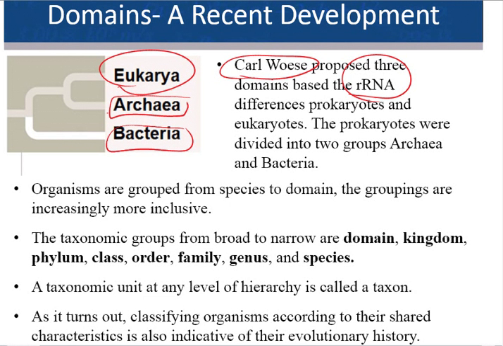So we see what's called a cladogram here on the left, a branching diagram that shows those three domains. And you might wonder what was present here at the beginning. What was the ancestor of all life on Earth? Many scientists think it was probably archaea due to the extreme environments they can survive in, but we don't know for sure.